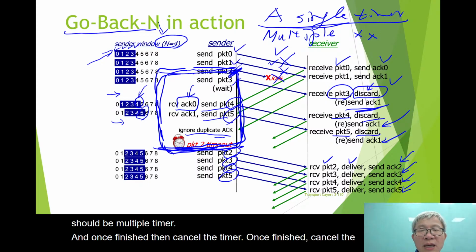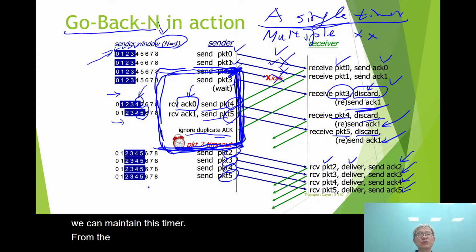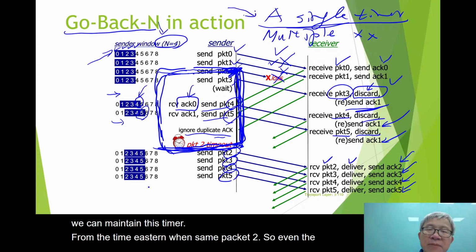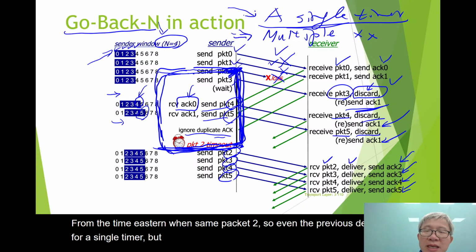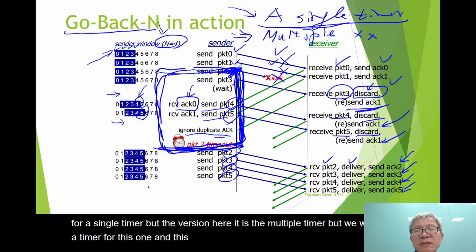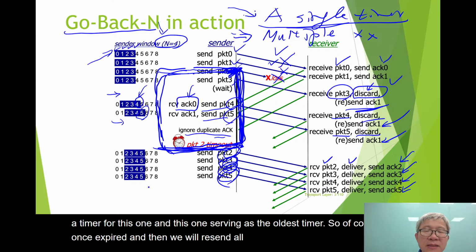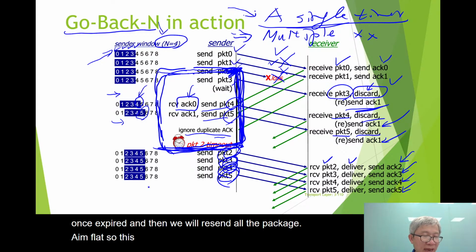So we can maintain this timer from the time instant when sending packet 2. So even with the previous description for a single timer, the version here is the multiple timer. But we will have a timeout for this one serving as the oldest timer. So of course, once it expires, we will resend all the packets in flight. Well, so this is the action of Go-Back-N.